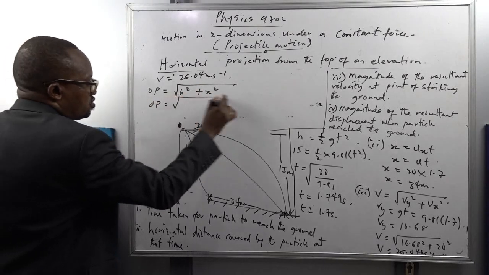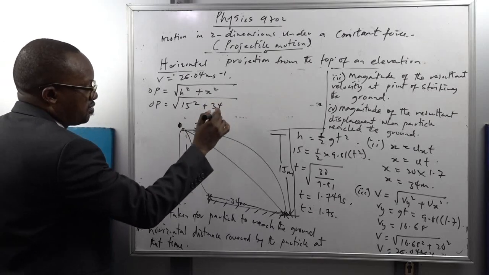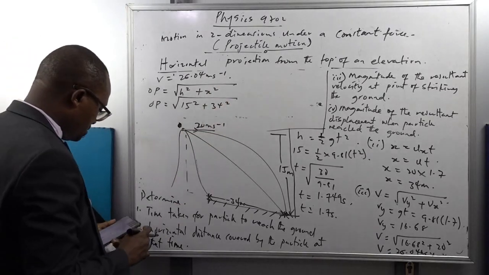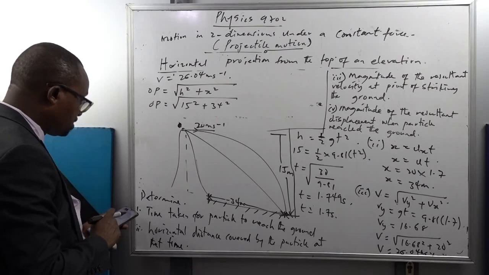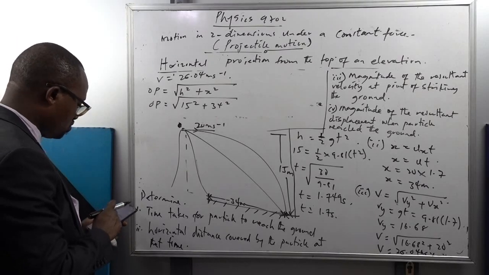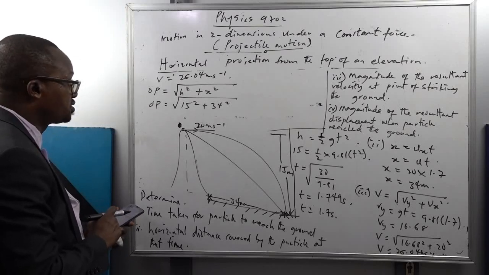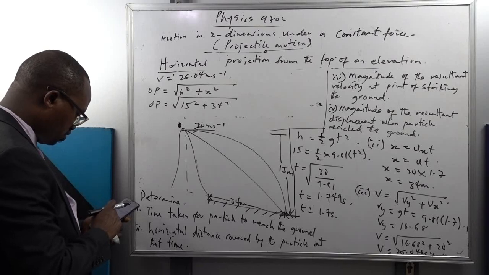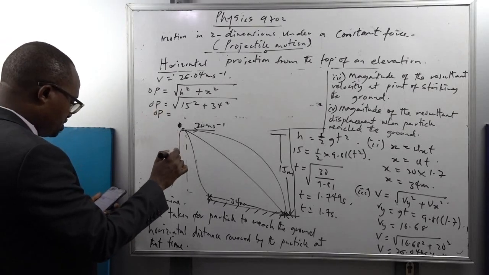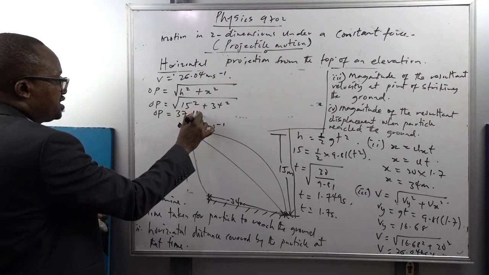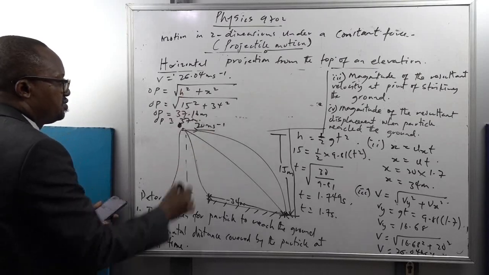So OP becomes square root of 15 squared plus 34 squared. And when you do that, resultant displacement OP will give you 37.16 meters, which is approximately, in two significant figures, 37 meters.